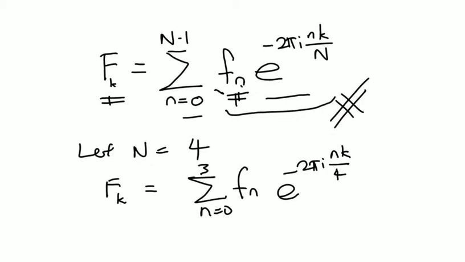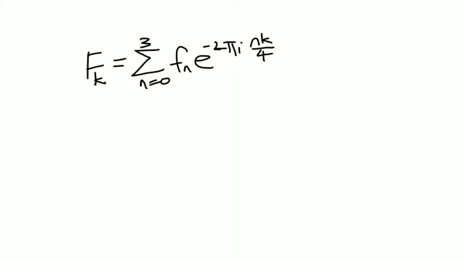Before I go further, let me be clear on the meaning of this k. k is the index for the Fourier coefficient, and it has a value ranging from 0 all the way to N minus 1, just like the small letter n, so it has the same range. Assuming N is 4, we have this summation from n equals 0 all the way to n equals 3.